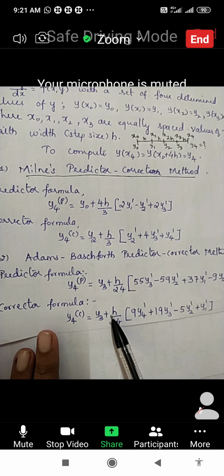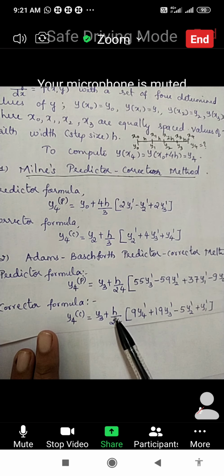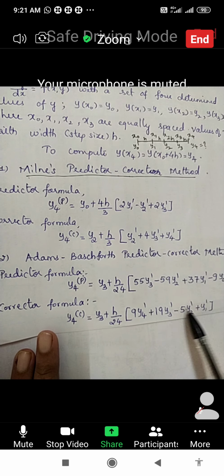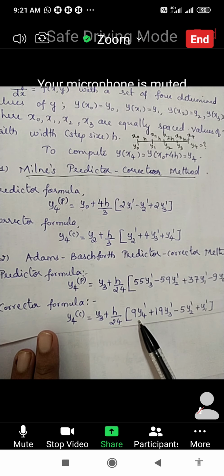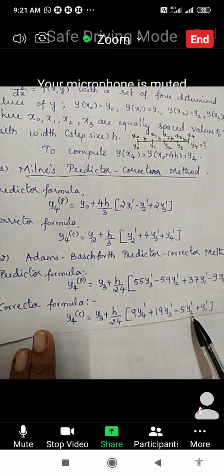For ABPC, as I call it in short, the quantity h by 24 is 100% the same, but inside you have to remember the coefficients. It is h by 24 into bracket 9 y4 dash plus 19 y3 dash minus 5 y2 dash plus y1 dash.